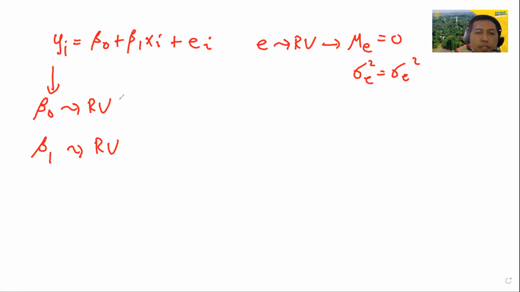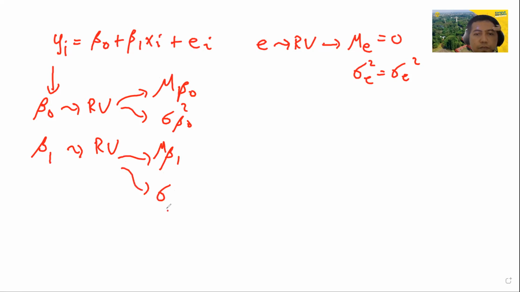Since they are random variables, we should derive the mu of B0 and variance of B0, and also the mu of B1 and the variance of B1.